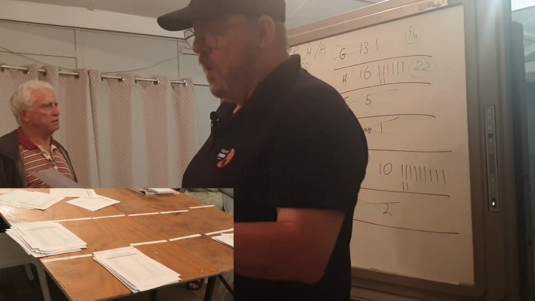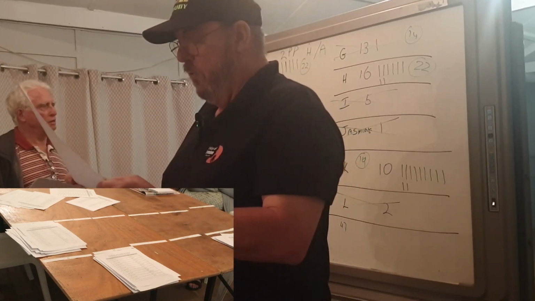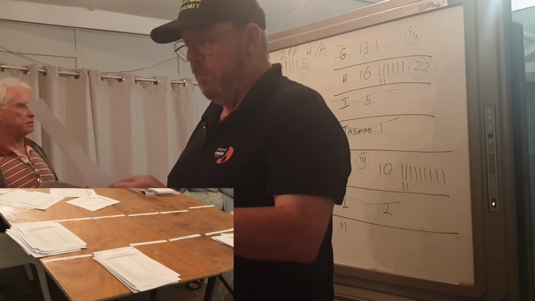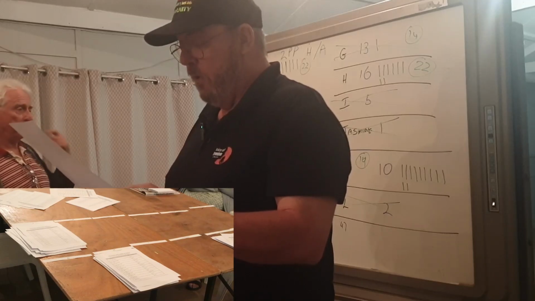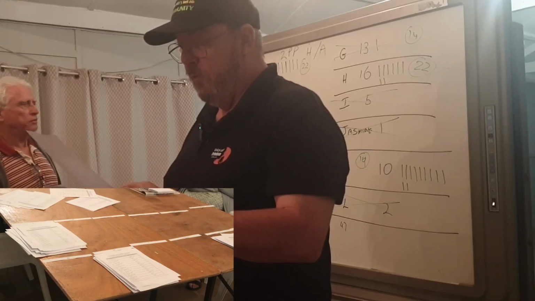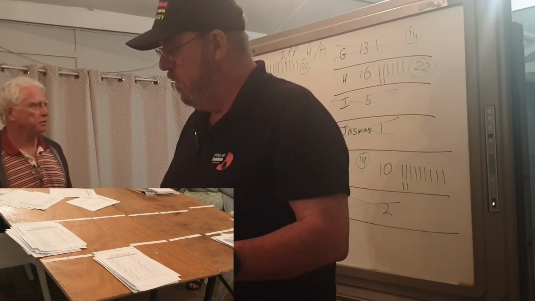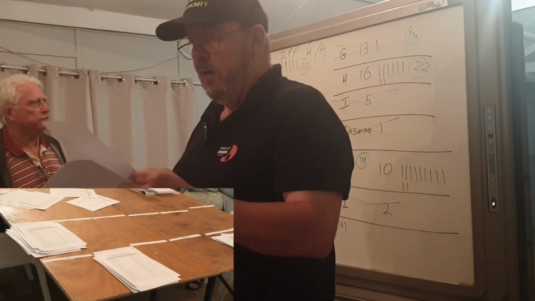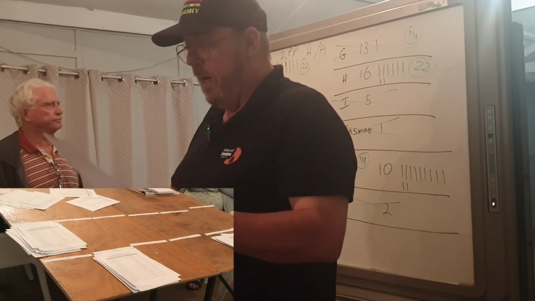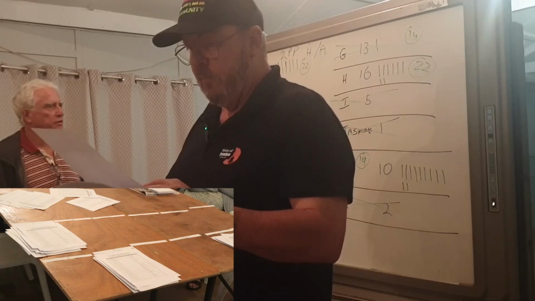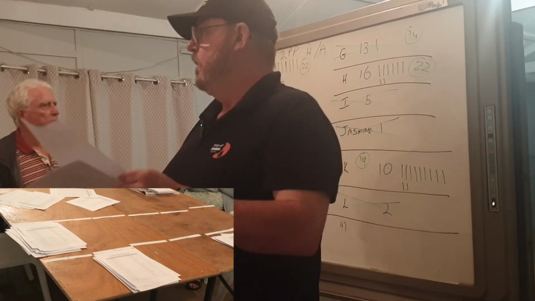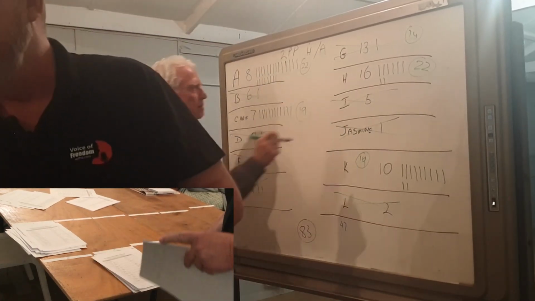All right, so number 1. Number 2 is party L, doesn't exist. Number 3 is Jasmine, doesn't exist. Number 4 is party G, doesn't exist. All right, number 5 is party I, doesn't exist. Number 6 is party H. Yay, we have a hit.